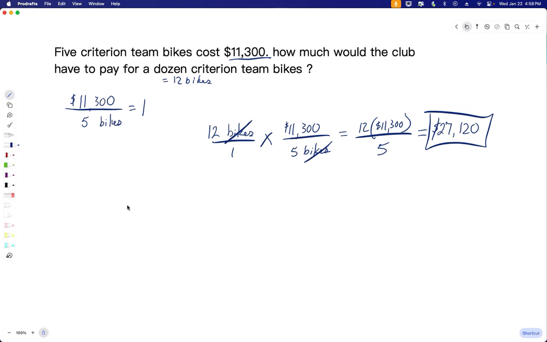It's exactly like unit conversion, the way we do feet to inches or miles to millimeters. Not sure if y'all have done that yet, but miles to feet or miles to inches or inches to miles or inches to yards or any of that. It's the exact same process as what you use for unit conversion.